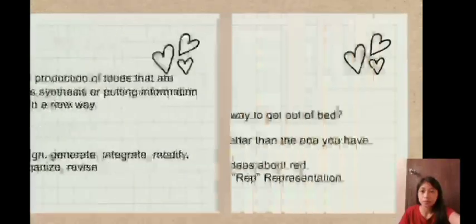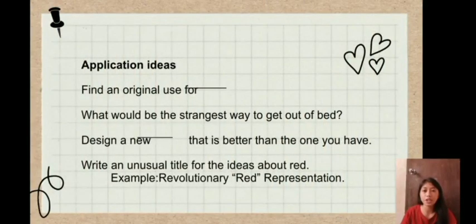So we have the application ideas. Find an original use for the telephone. And then, what would be the strangest way to get out of bed? Like, for example, sleep talking or sleepwalking and so on. And then design a new portfolio that is better than the one you have.